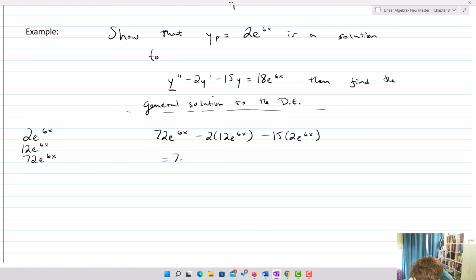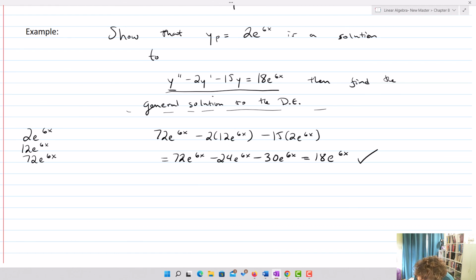That's going to equal 72e^(6x) minus 24e^(6x) minus 30e^(6x), which equals 18e^(6x). Okay? So check, yp is a solution to this non-homogeneous differential equation.